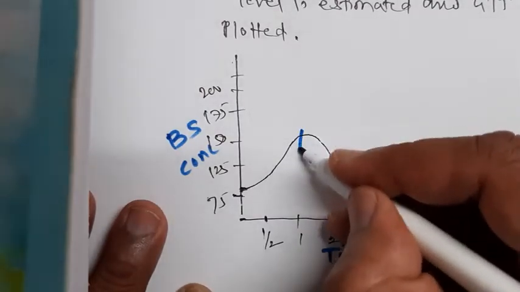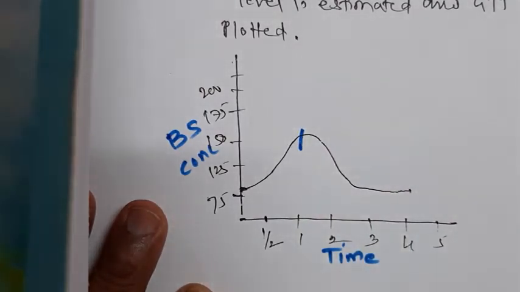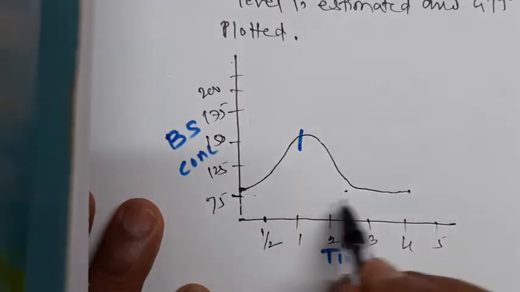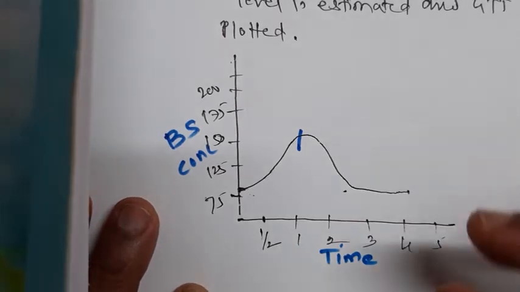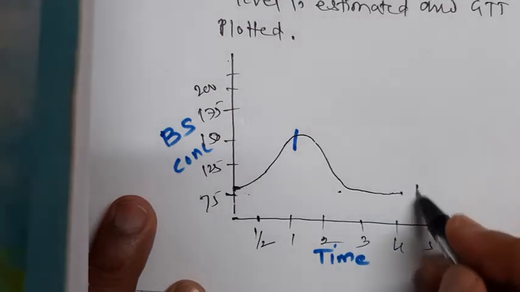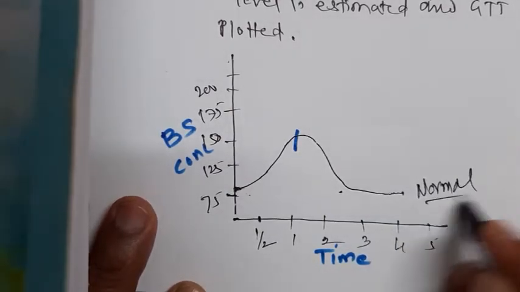So after 2 hours it will come down to its original fasting level. This is called the glucose tolerance curve, the normal glucose tolerance of a normal individual.